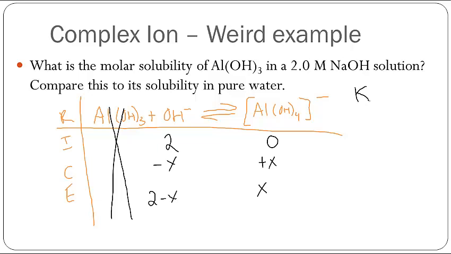So the slide before, when I showed you the first reaction and the second reaction and combined them, that's how we get the K. So I set 22 equal to x over 2 minus x, and I get x equal to 1.91 molar.